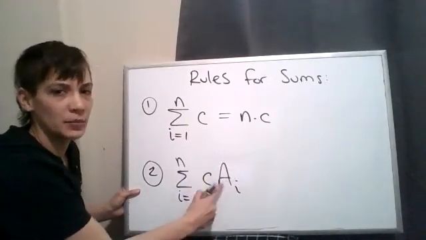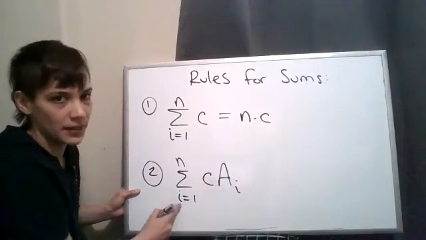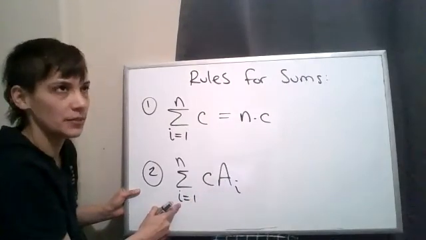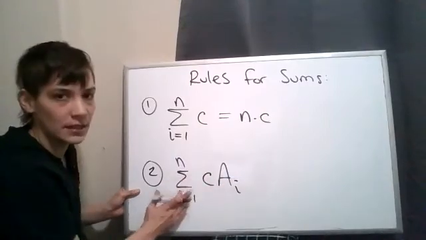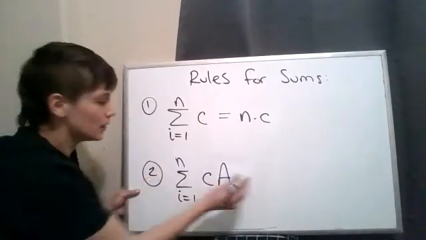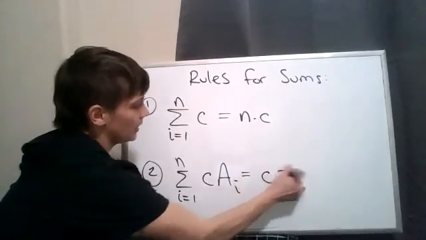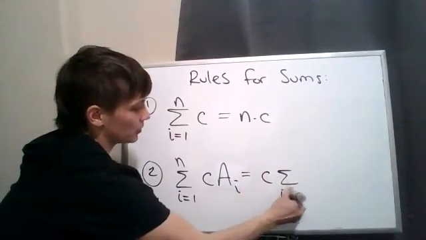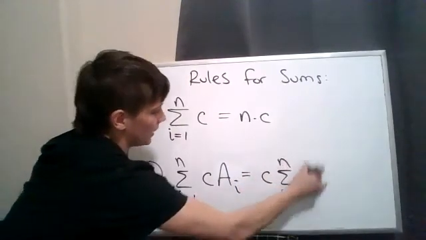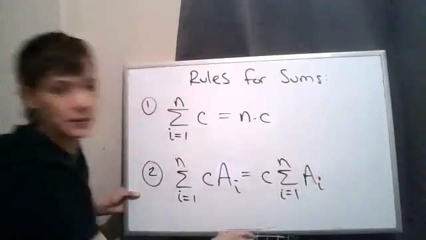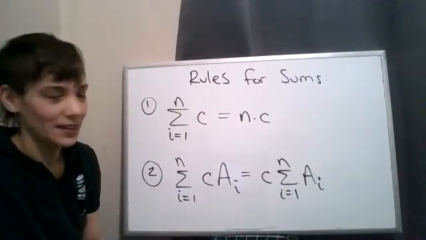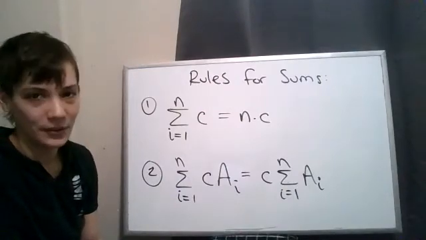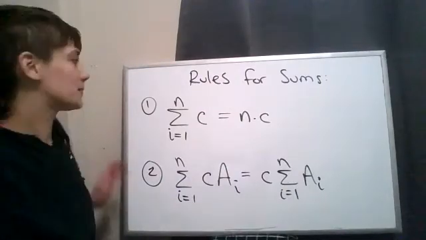You have some kind of expression that is being affected by that subscript. So it needs to stay in the summation sign, but the constant can come out. So you can have your constant and then multiply with the sum from i equals 1 to n of your a sub i. Number 3.